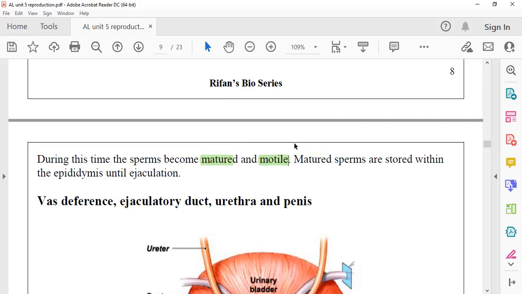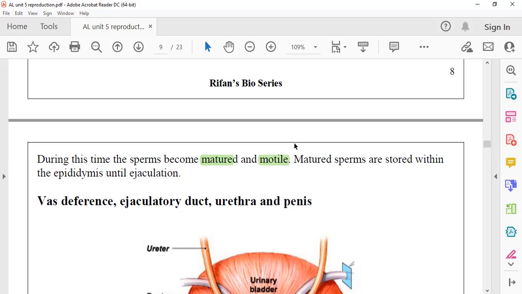Until it is ejaculated out of the male body, sperm will be stored in the epididymis.